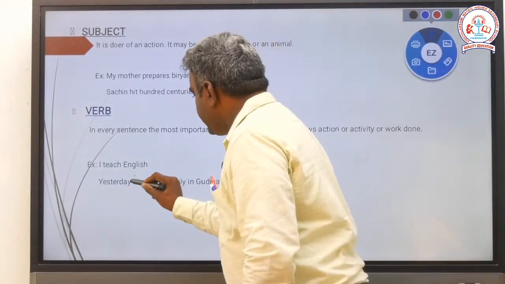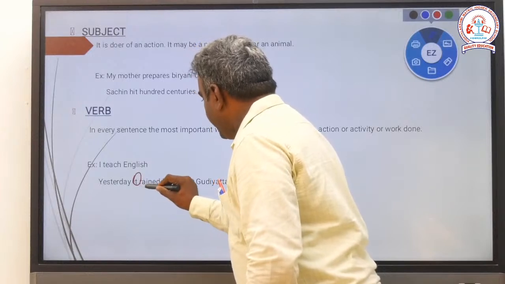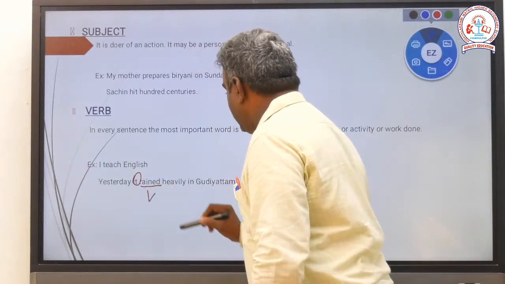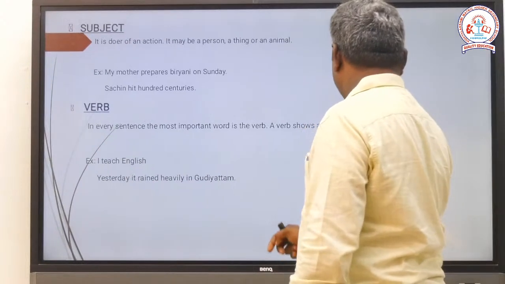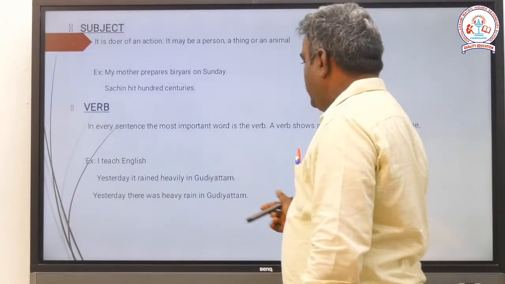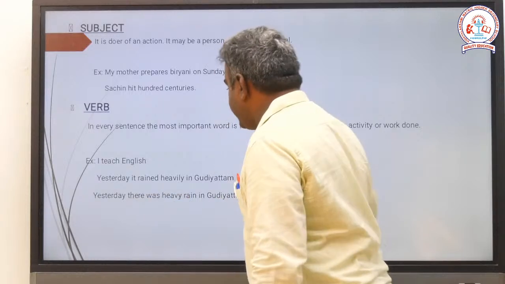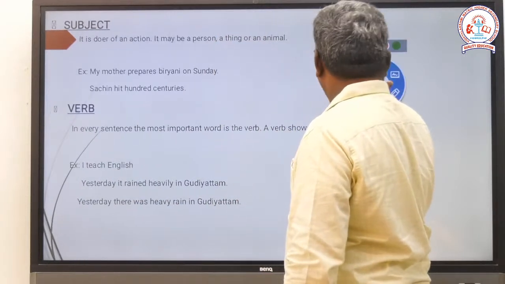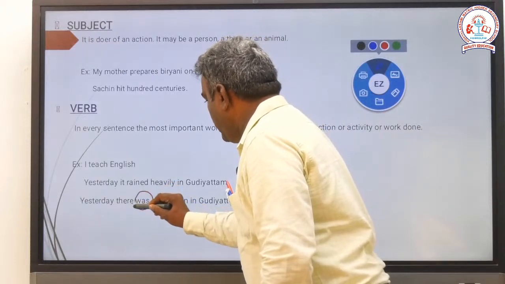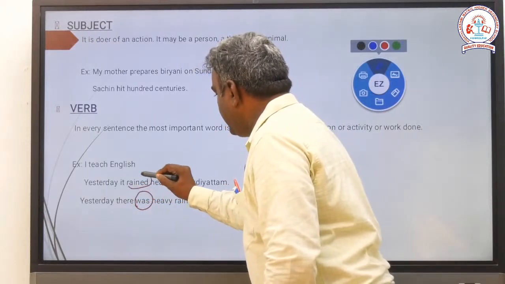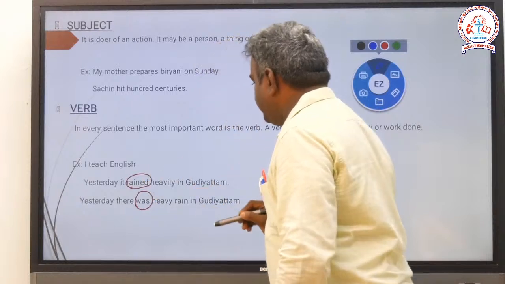So look at this here. Subject it, rained verb. Next, there was heavy rain in Gudiyatham. So look at this. Here was and rained.